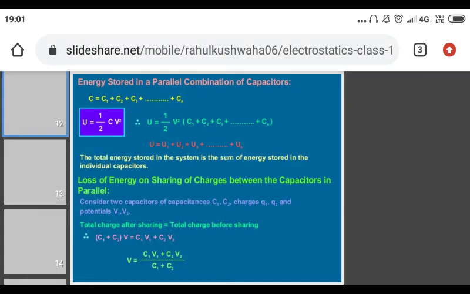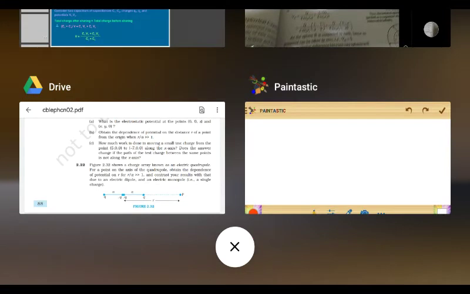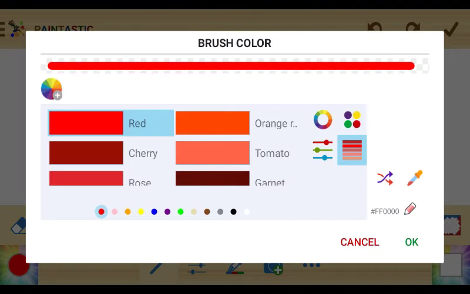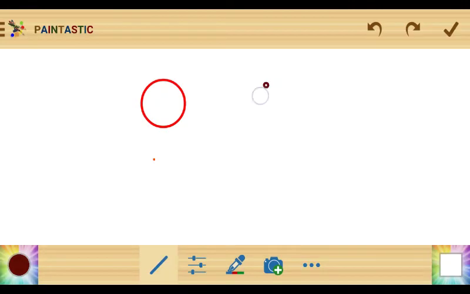To explain this derivation, I will use my whiteboard. Let's say these are the two conductors.